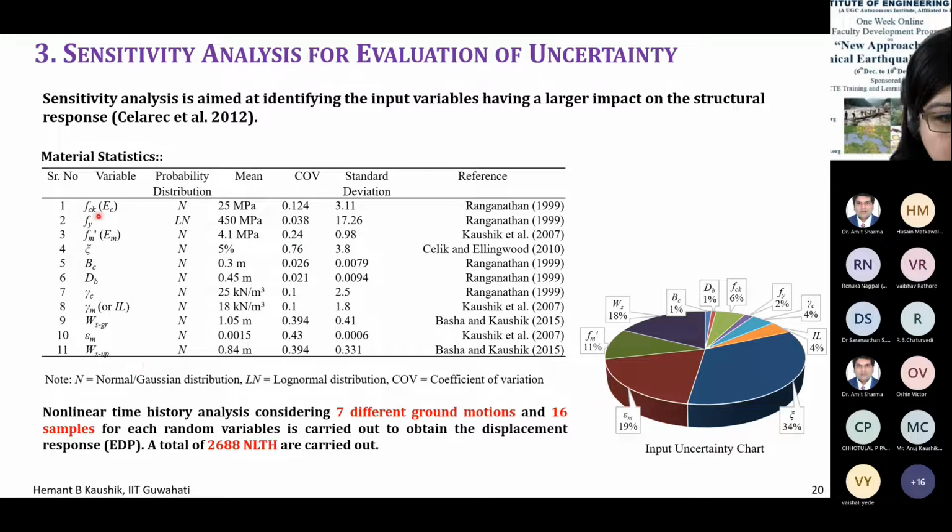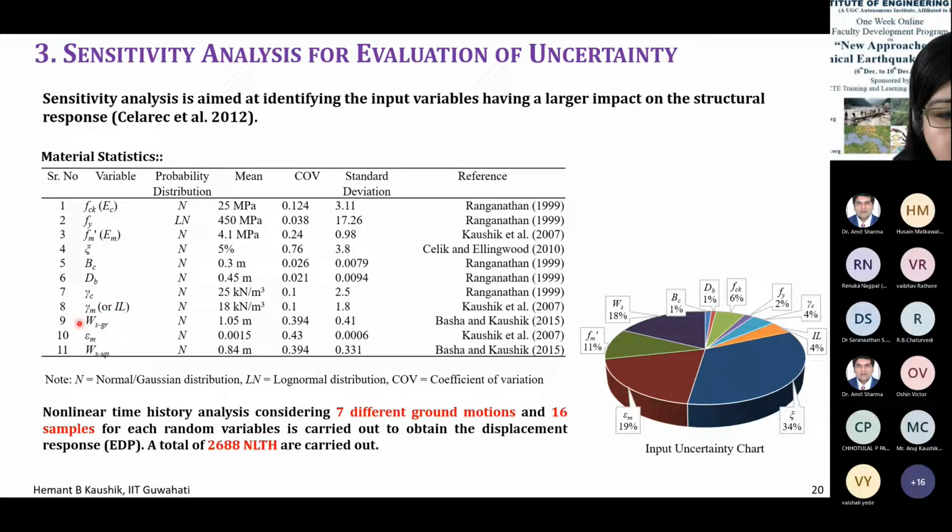So these are the grade of concrete, the FCK value, the yield strength of steel. This is the masonry prism strength, damping, width of column, depth of beam, the material density of concrete, material density of infill, or the live load that is coming from the infill, the imposed load of infill, self weight.